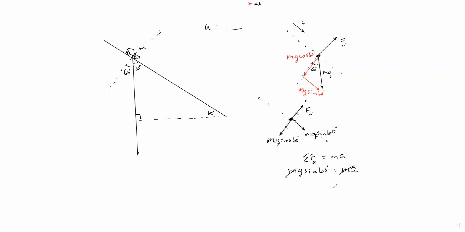Masses again cancel out. And if you solve for a, g times the sine of 60. Sine of 60 is radical 3 over 2, about 0.87, times 10 would be 8.7 meters per second squared. So there's your acceleration right there for a 60-degree angle.